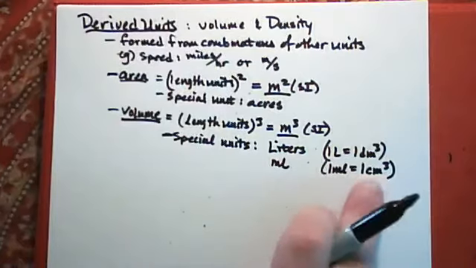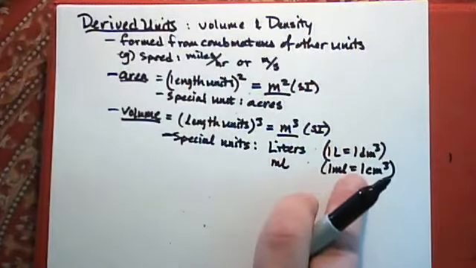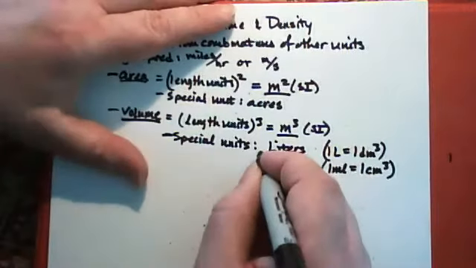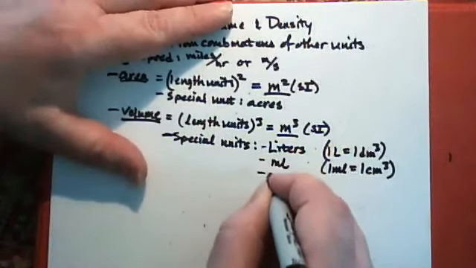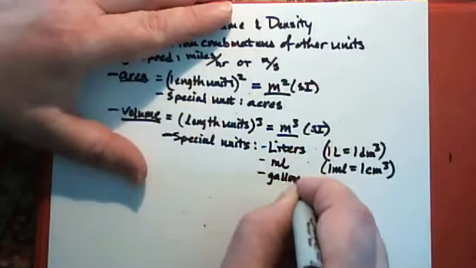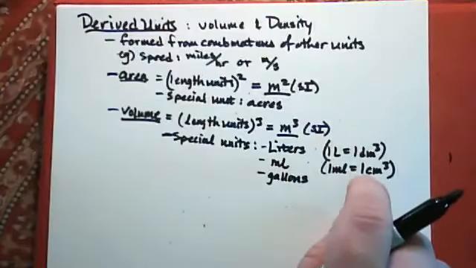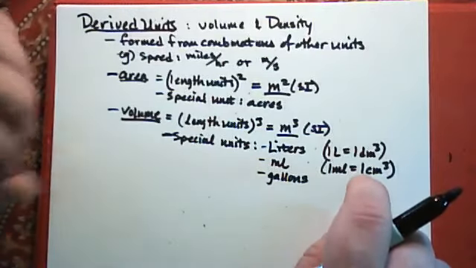This can also be useful to remember when doing unit conversions. And of course, in the English system, we have gallons and their derivatives like fluid ounces and things like that.